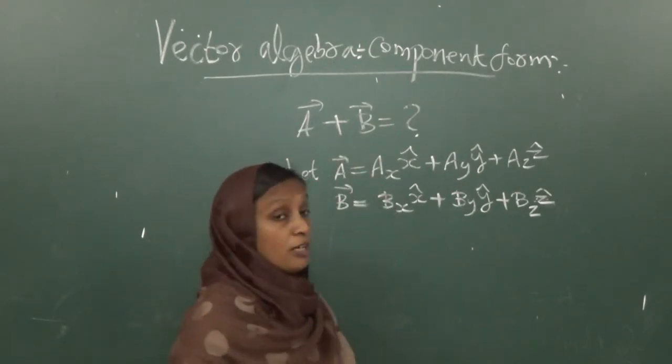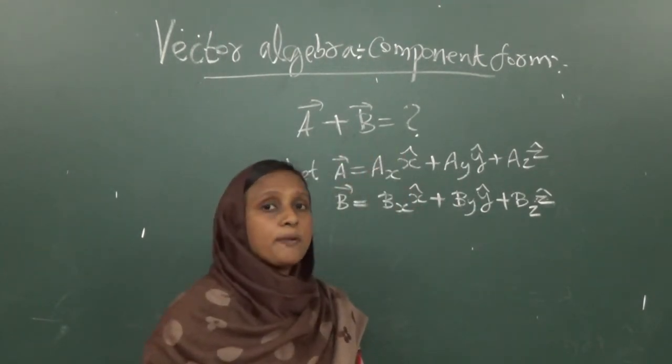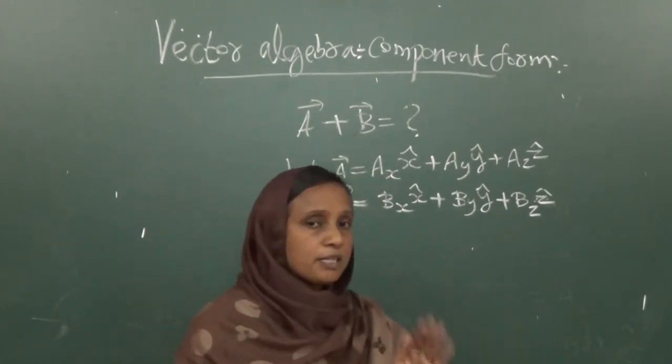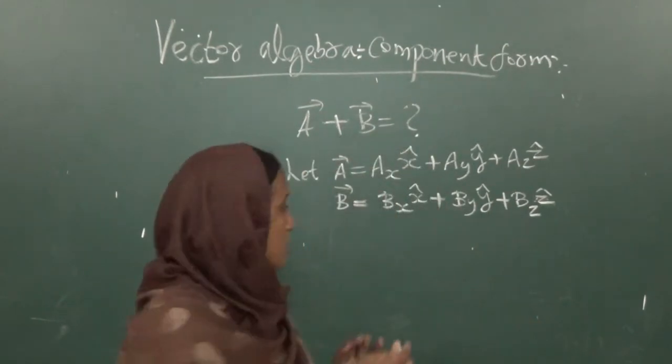Now, how can we find out its sum, A plus B? When we find A plus B, we have to add like components together.